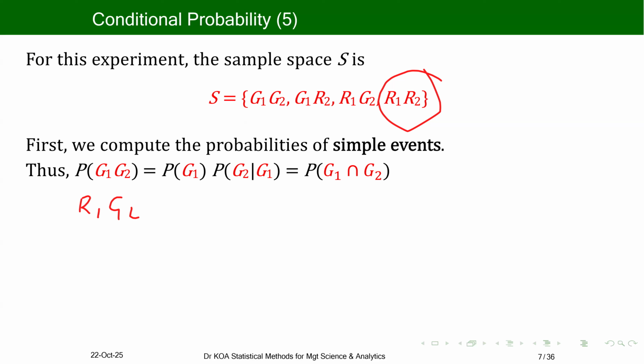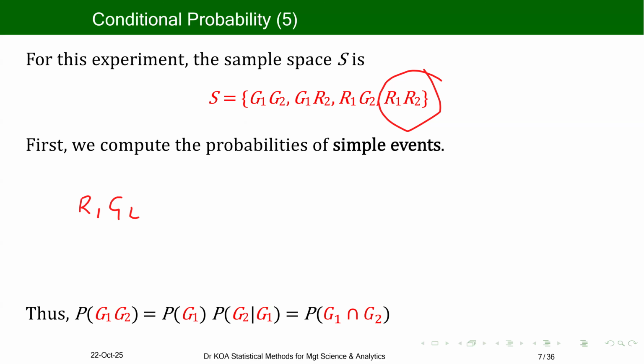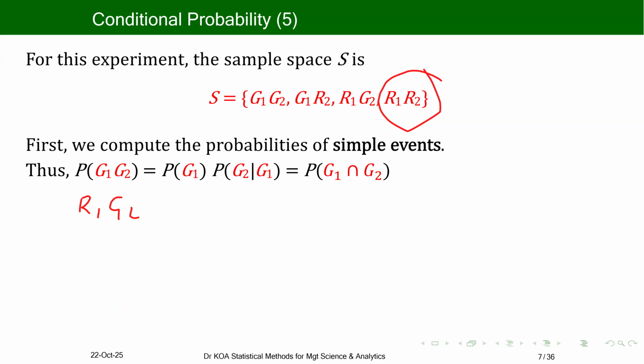So the probability of R1, R2 will be the probability of R1 intersection R2, which is also equal to the probability of R2 given R1 times the probability of R1. That's okay, but you can always mention the probability of R1 first before you multiply by the probability of R2 given R1. Just in the same manner, it would have been easier.